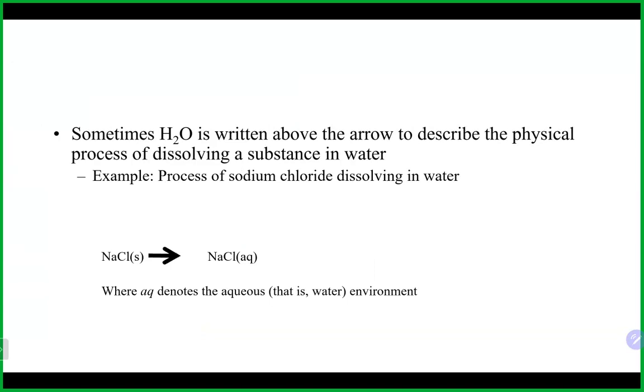And as I mentioned earlier, sometimes you'll see some things written on the arrow, and this, for example, is a formation of a solution which is aqueous. And again, here we're dissolving that solid in water, and sometimes that's put up on top of the arrow. You'll sometimes see that.